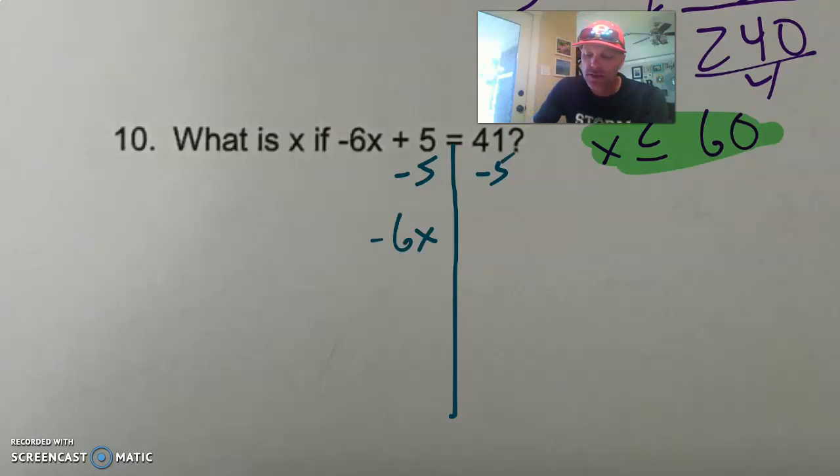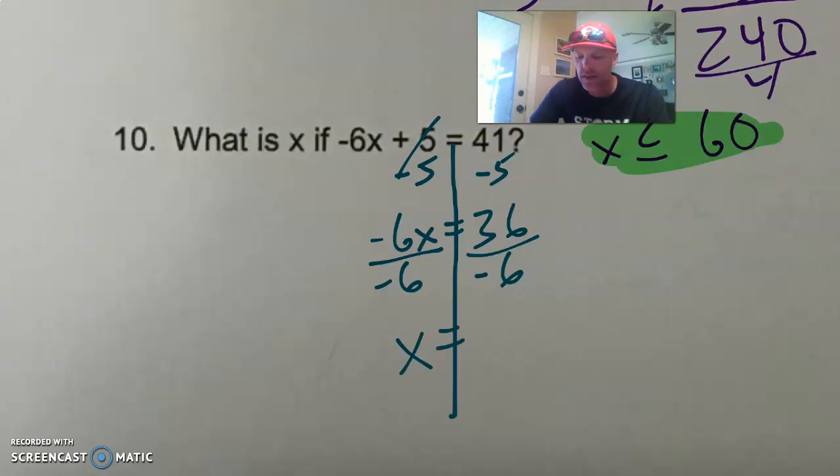Negative 6x. 41 minus 5 is what, 36? We're just going to do the opposite and divide both sides by negative 6. So x is equal to negative 6, because 36 divided by negative 6 is negative 6.